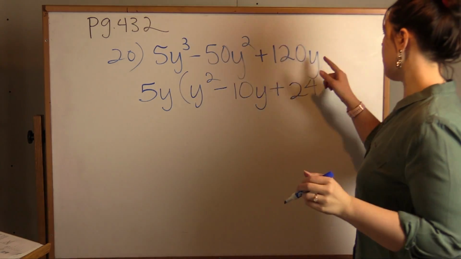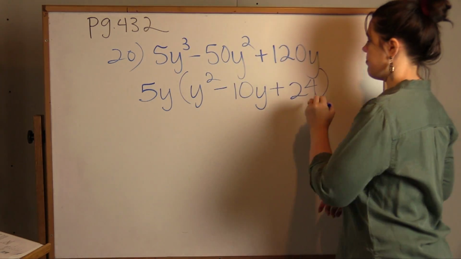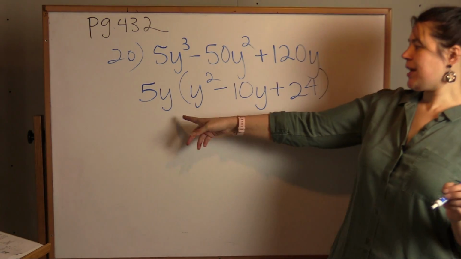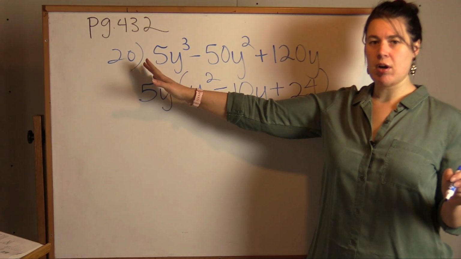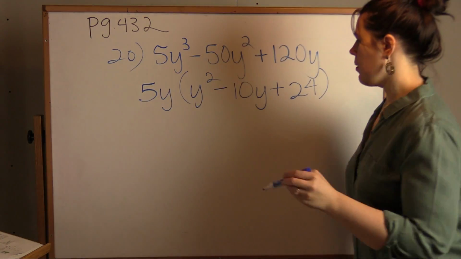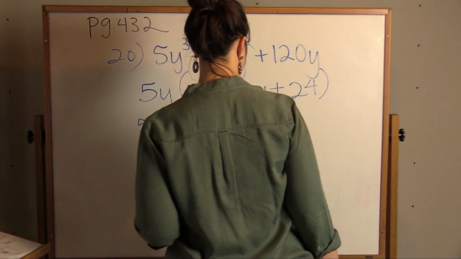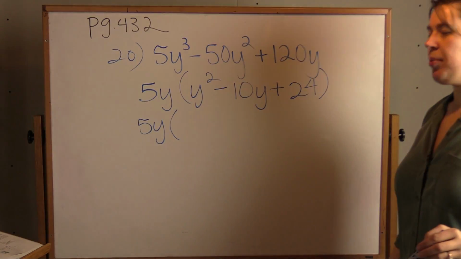All right, we had 1 y, we removed it, so there's no more y's. Okay, so now, because this factor is here, it has to stay with our problem the rest of the time. So I'm going to write 5y, parenthesis, and then we're going to start breaking up our factors.